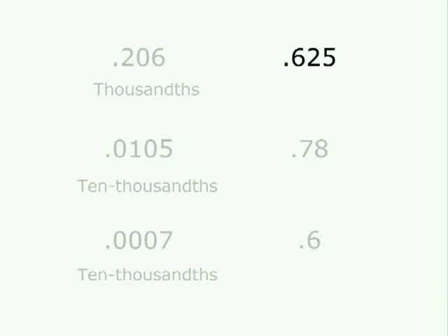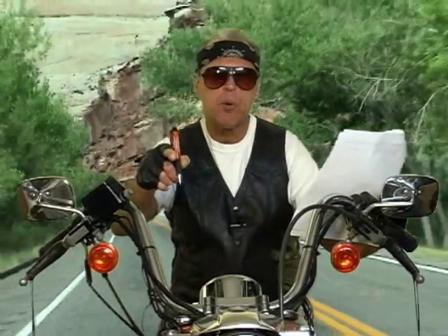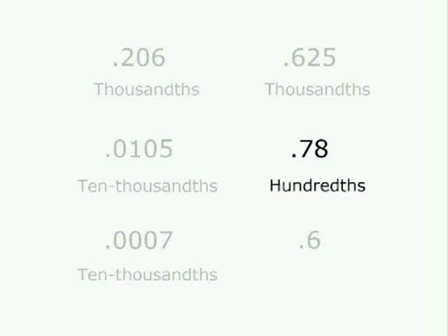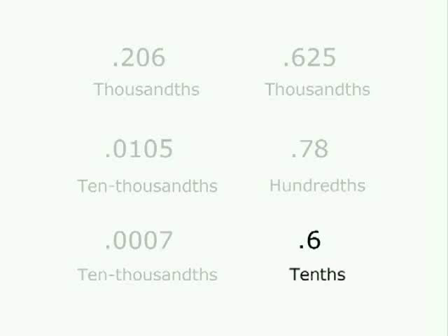The fourth one is in the thousandths place, and it's 625 thousandths. The next one is in the hundredths place, and it's read as 78 hundredths. The last one is in the tenths place, and it's read as 6 tenths.